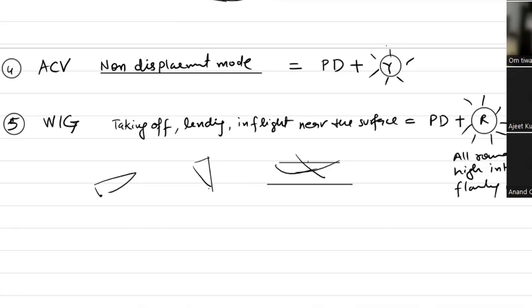Now we'll come to the next. That is CBD. Let's move to the next cadet, Nikhil Singh. Sir, CBD, the constrained by draft.